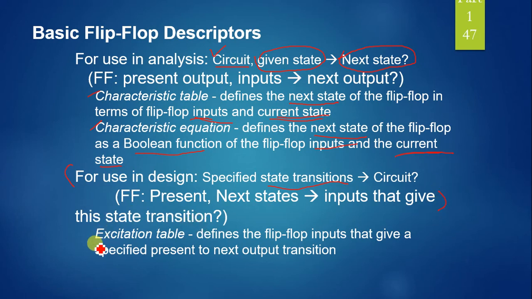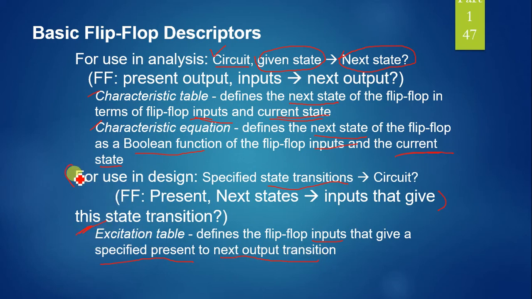For this we require a table called the excitation table. We are exciting the flip-flop using this table, which defines the flip-flop's inputs that give a specified present to next output transition. It will tell you what input will create what transition. This is called the excitation table.